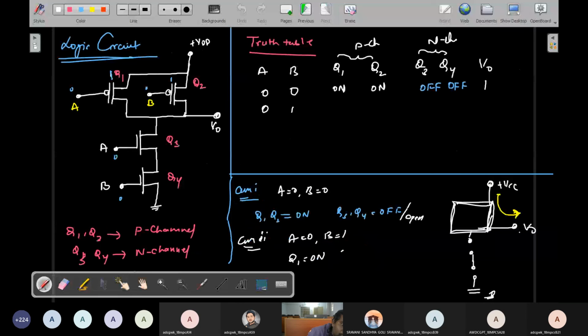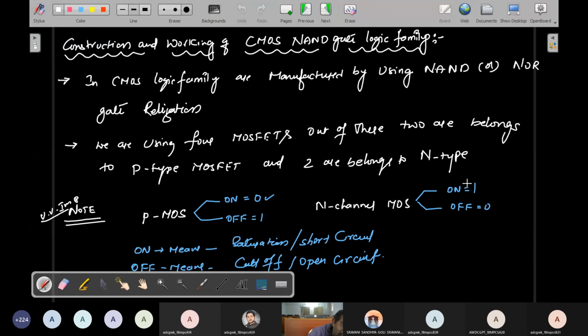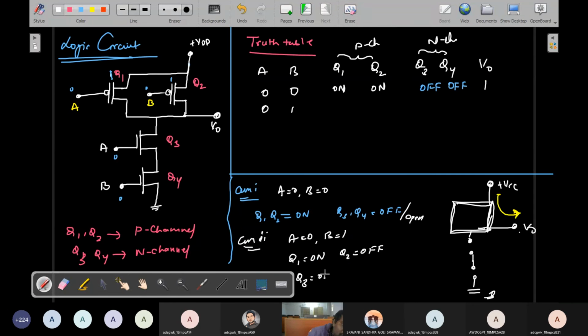That's why Q2 is off. Similarly, Q3 is 0, and since it is an N channel, 0 means off state, and Q4 is on.